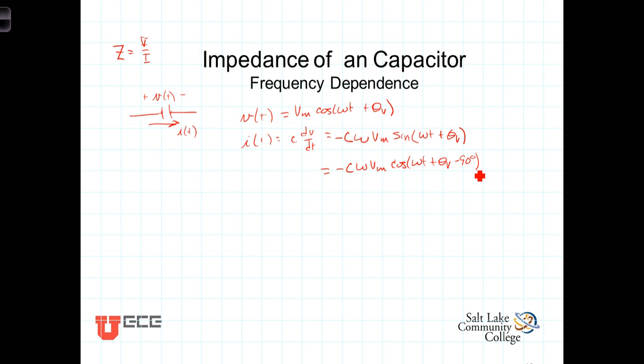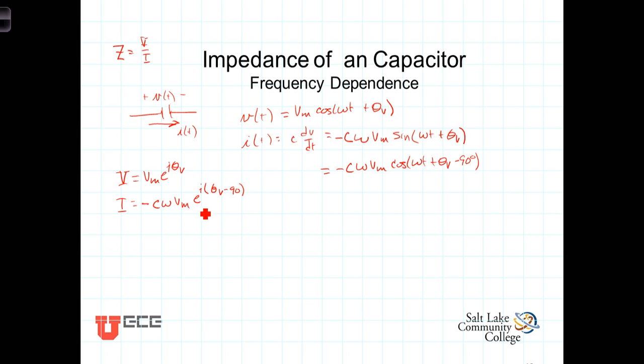Now, let's write both of these in their phasor forms. This time we have phasor V is equal to V sub m e to the j theta sub v. And we can write phasor I is equal to negative C omega V sub m e to the j (theta sub v minus 90 degrees).